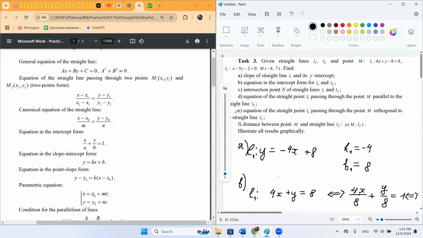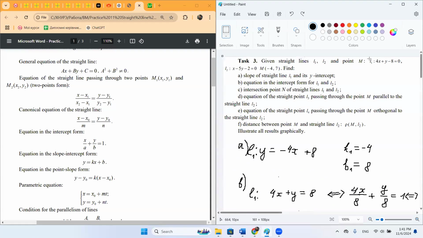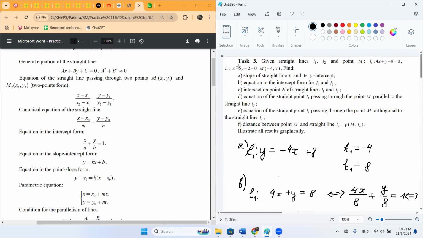Okay, moving next. We need to find the intersection point n of straight lines L1 and L2. How to find this point? We need to say that both lines are equal to each other. You are almost right, but not fully.